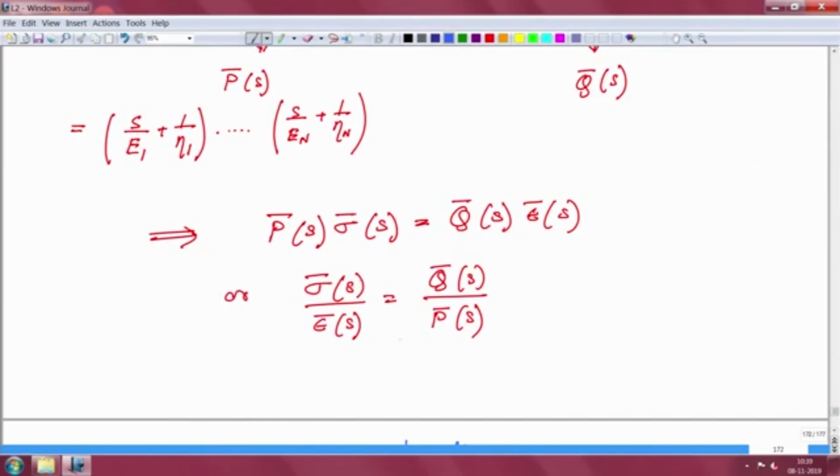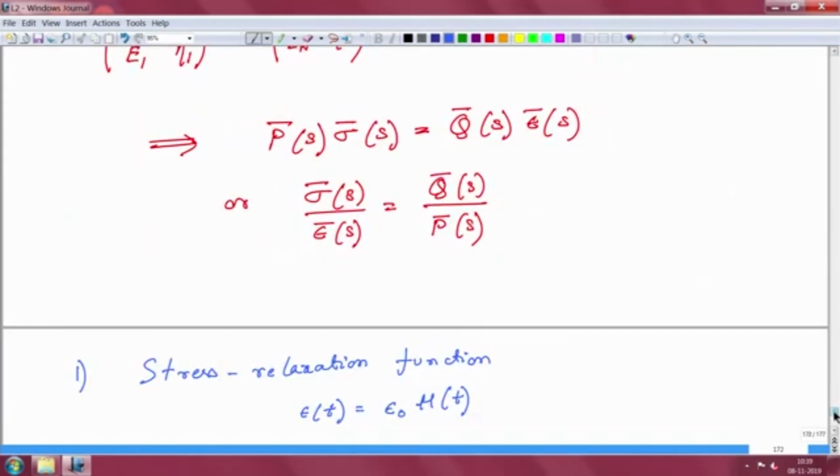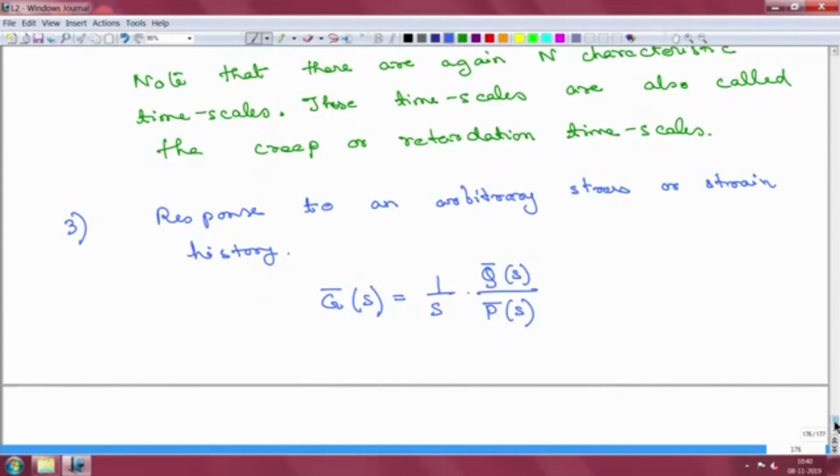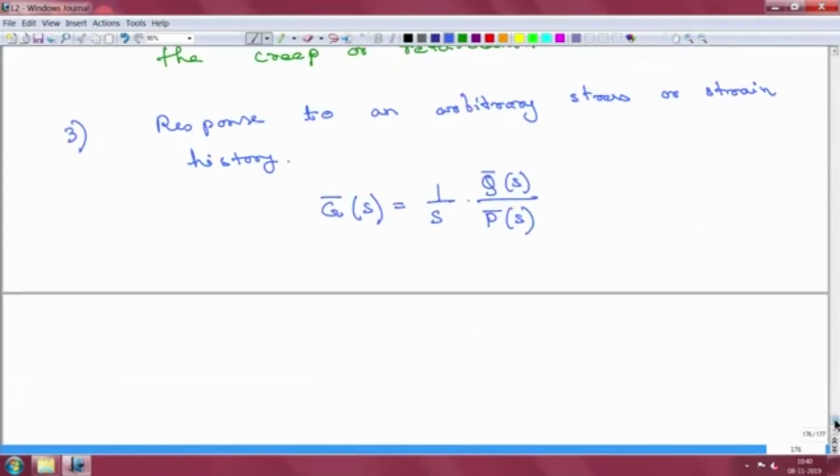If you combine these two equations, the one which relates the ratio of the Laplacian of the stress and the strain to the different polynomials, then you can write that sigma bar s is equal to s times g bar of s epsilon bar s.